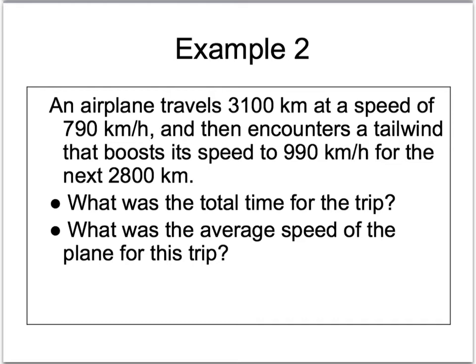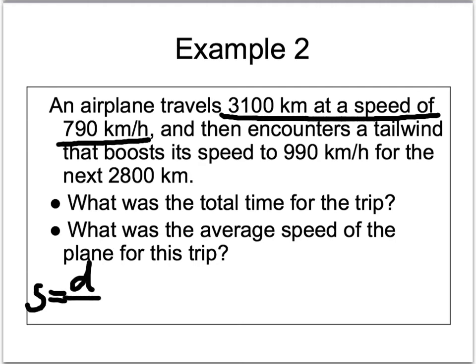First, let's get how long the first part of the trip takes, 3,100 kilometers at a speed of 790 kilometers per hour. Using that average speed equation, s equals d over t. And just like in the last slide, we solved for t. So I'm going to just refer you back to that last slide, point out that time equals distance over speed.